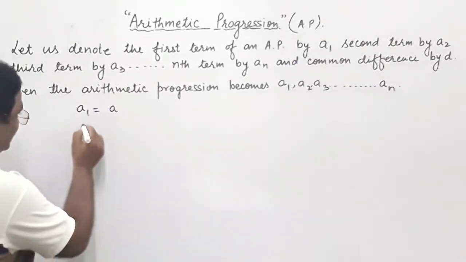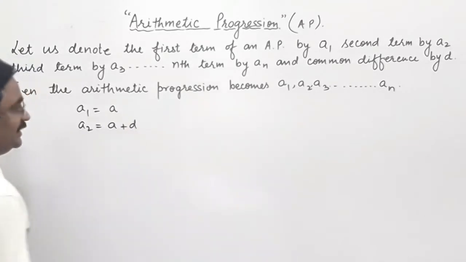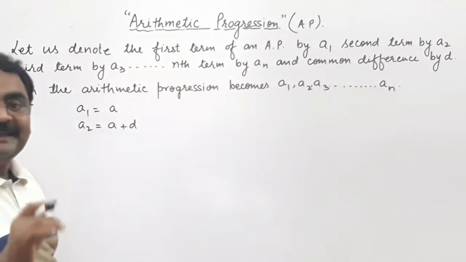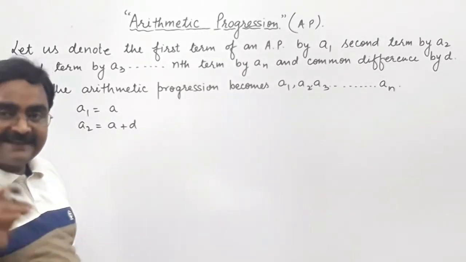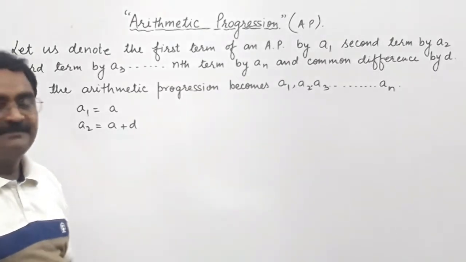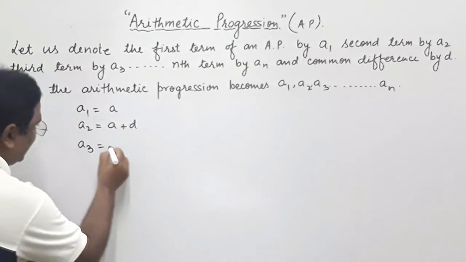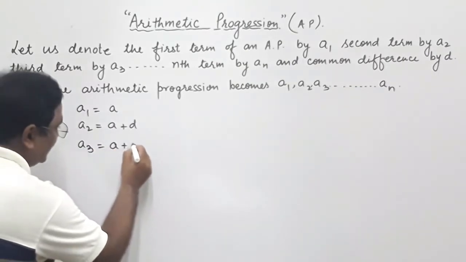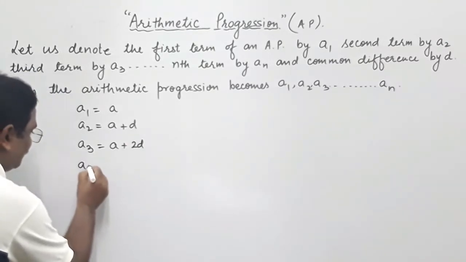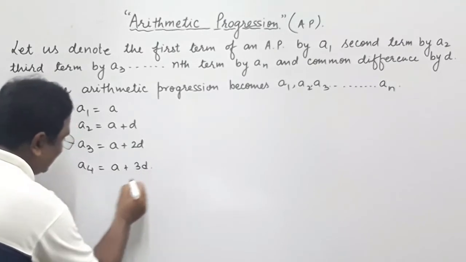A2 is the second term, and this can be written as a plus the common difference d, as you have read that the next term came from adding or subtracting the common difference. So the third term A3 can be written as a plus d plus d, which means a plus 2d. The next term, the fourth, is a plus 3d, etc.